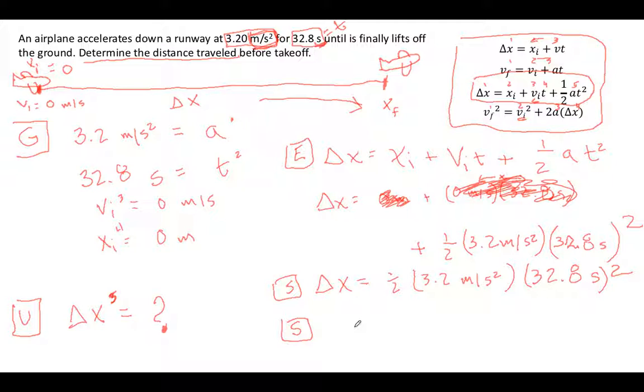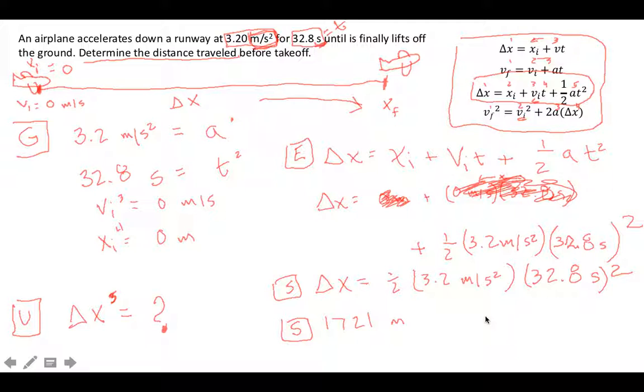Oops, did that wrong. All right, one more time. So 1/2 times 3.2 times 32.8 times 32.8. And I'm getting 1,721. So that is my answer, 1,721. What units is that? Well, it's delta x, so it's going to be meters.